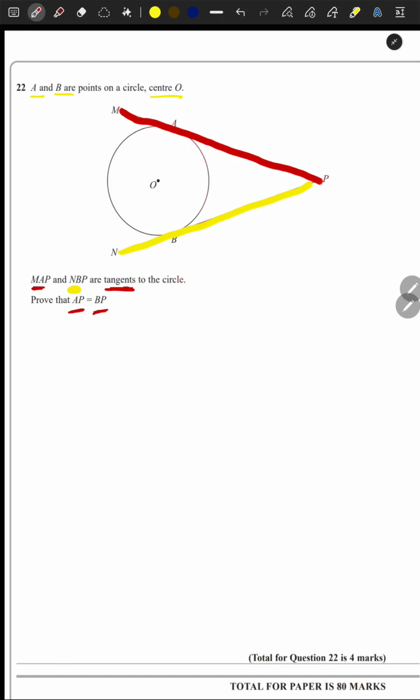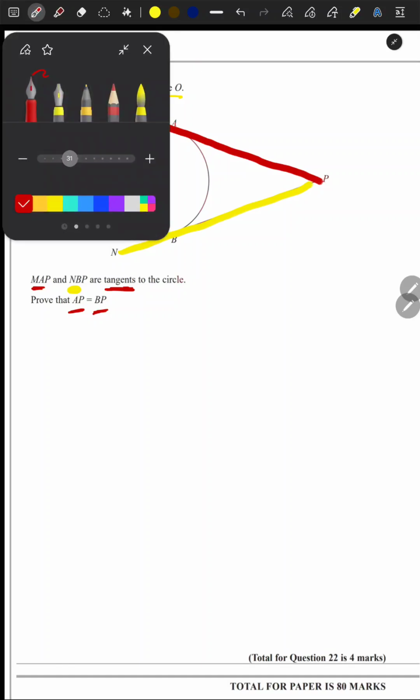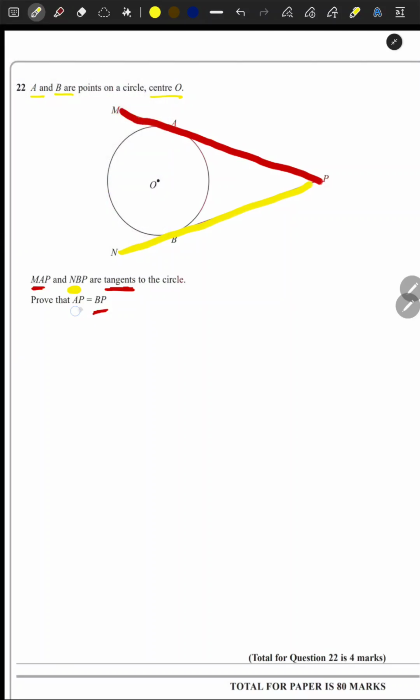To start this proof, we want to draw a line from O to P. So this line is OP.